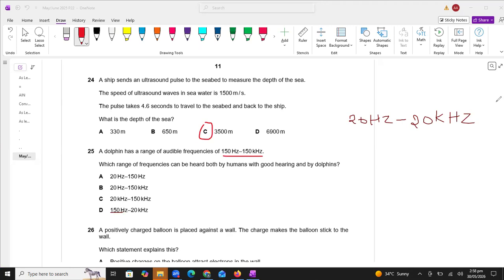Humans can hear 20 hertz, but dolphins cannot, so A or B cannot be the right answer. C cannot be the right answer as well, because the dolphin cannot hear 20 hertz, as the dolphin's starting frequency is 150 hertz. So 150 hertz to 20 kilohertz, dolphins can hear this frequency and humans can also hear this frequency. So it means, students, D is the correct answer.